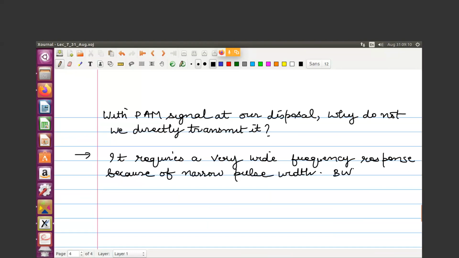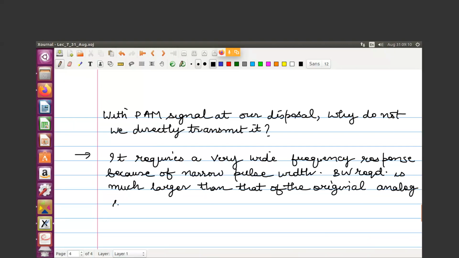Bandwidth required is much larger than that of the original analog signal.